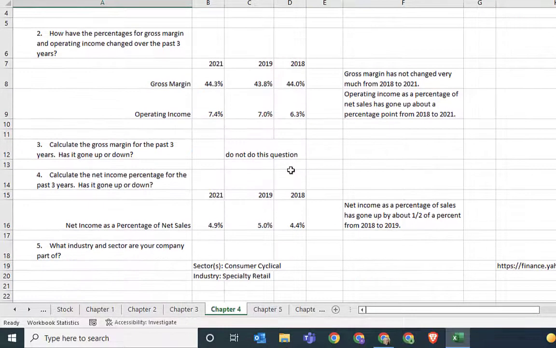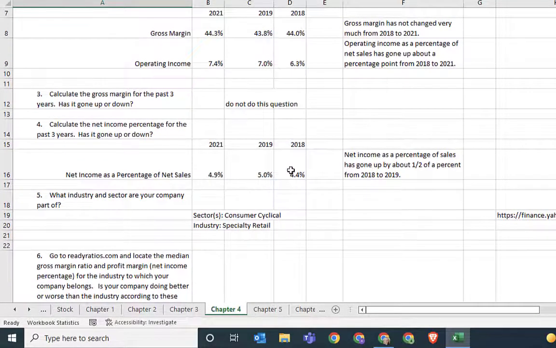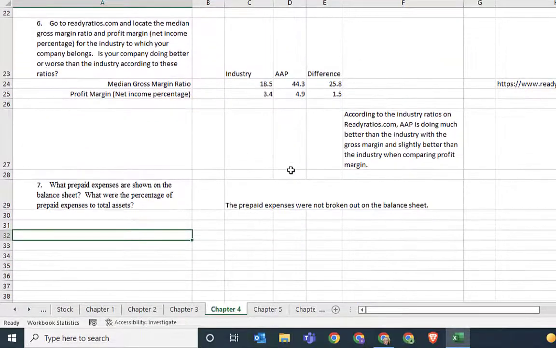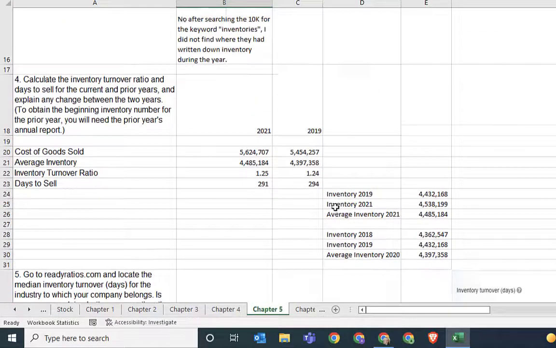Operating income as a percentage has gone up. My percentage of sales have stayed the same. So far I'm feeling like the company's in pretty good shape and they're very stable. And I would just mention some of these ratios that told me that to prove my point.